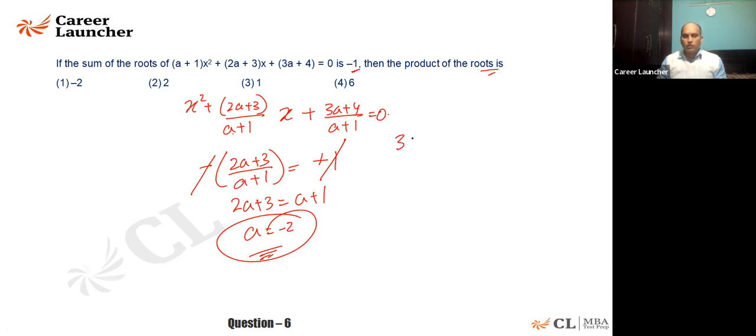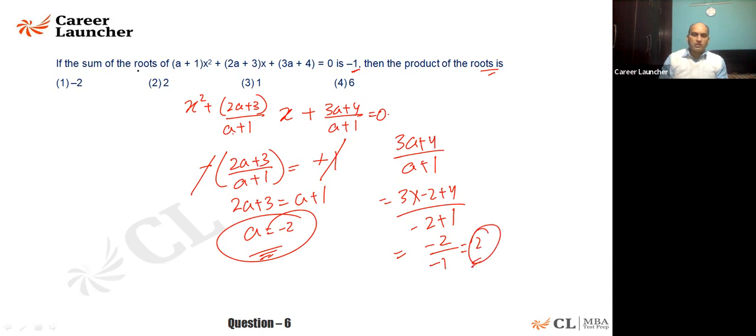What is the product of the roots? Product of the roots is (3a plus 4) upon (a plus 1). So 3 into minus 2 plus 4 upon minus 2 plus 1. That is minus 6 plus 4, which is minus 2, upon minus 1, which is equal to 2. Your answer comes out to be 2. Good, Vaishnavi, Pulkit. Very nice, Siddhant.